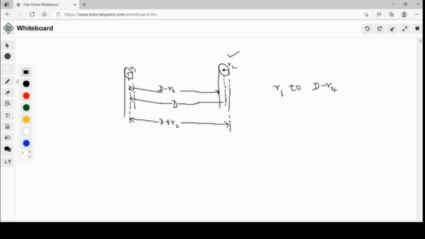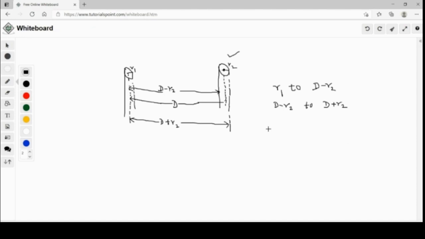links all the current I1 in conductor 1. Over the surface of conductor 2, that is between D minus R2 and D plus R2, the external flux links a current whose magnitude progressively reduces from I1 to 0 because of the negative current in conductor 2.